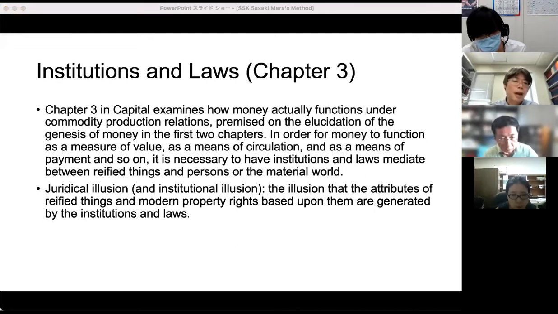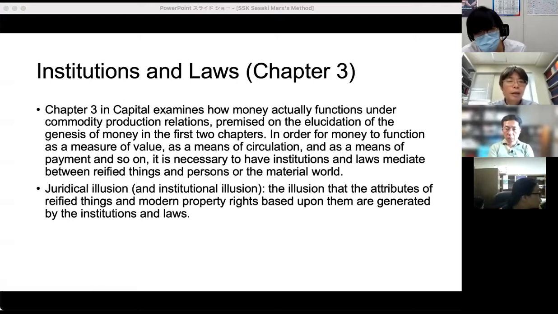Next, I would like to discuss chapter 3. Chapter 3 in Capital examines how money actually functions under commodity production relations, premised on the elucidation of the genesis of money in the first two chapters.